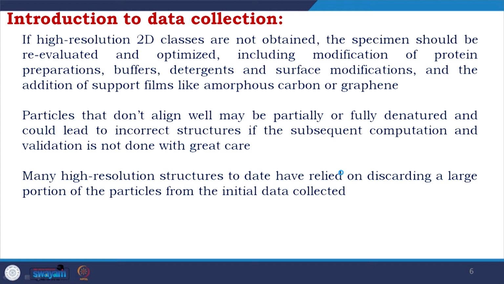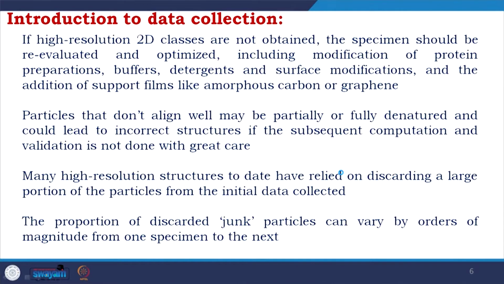If you think that the data collected is from a part of the protein which is denatured or not good, you should discard it. The proportion of discarded or junk particles can vary by orders of magnitude from one specimen to the next, depending on the specimen nature, its stability, its preparation and many factors.